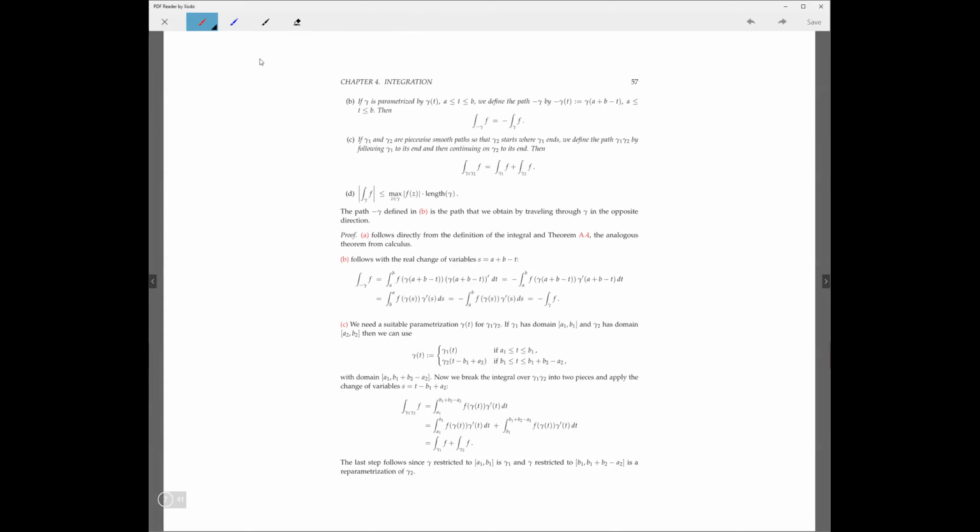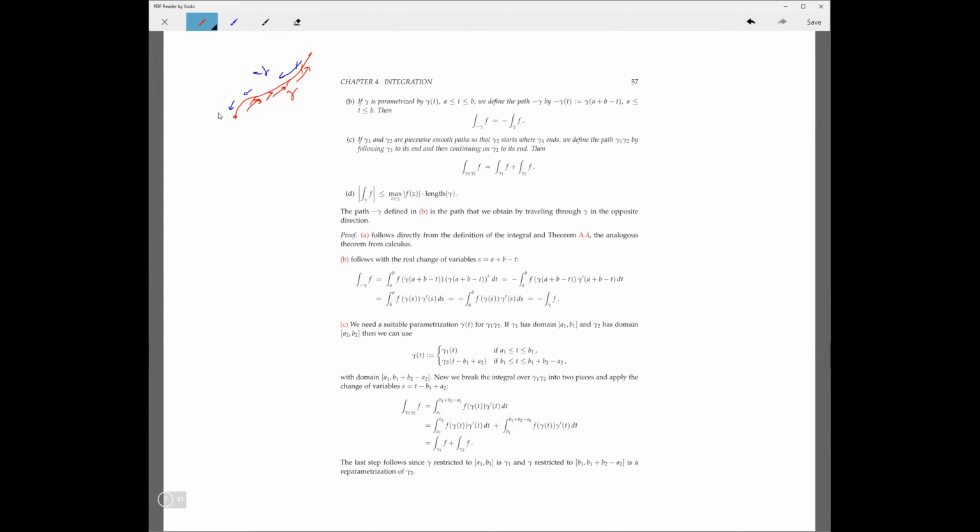Also, negative gamma here would be going backwards along the path. If you have a path right here, let's say that's gamma going this way, then the negative gamma would be where you're going the other way along the same path.